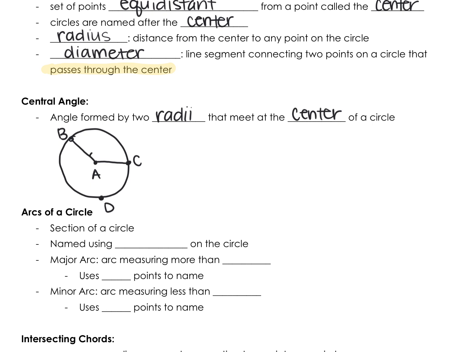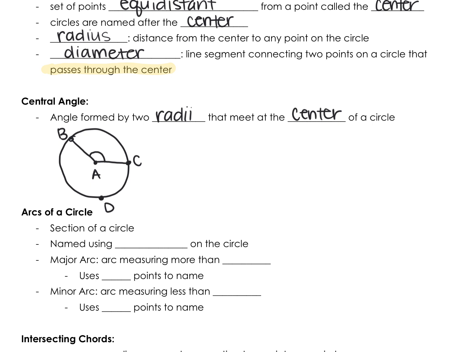And now the angle that it has now formed at A is called my central angle, because it's the angle at the center of the circle. There are technically two central angles formed by just drawing two radii, and that's what we're going to get into next here with our arcs of a circle.